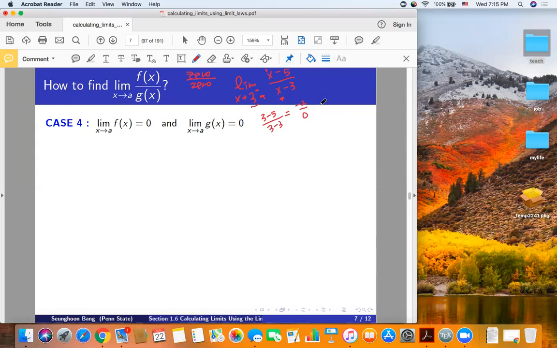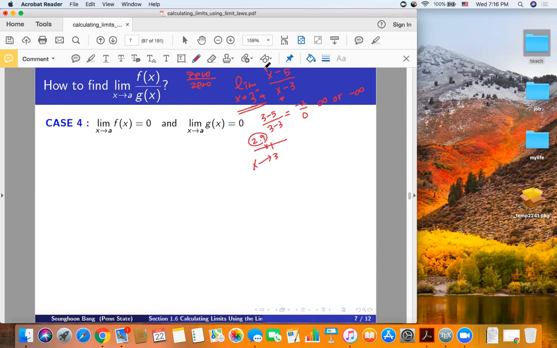We have two possible answers, infinity or negative infinity. How can you find it? You have to use a one-sided limit. X approaches 3 from the left. You can choose a test number very close to 3, less than 3. I can choose 2.9.